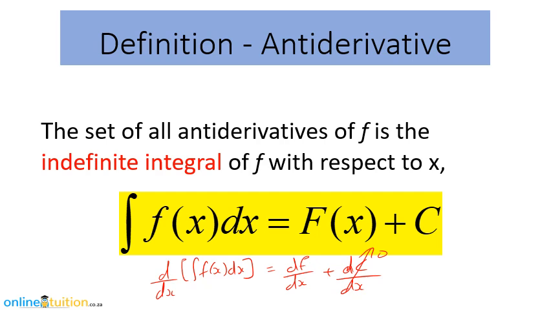So what I've just proved is f of x is nothing more than F prime of x. So it tells me that capital F is the antiderivative of little f of x.